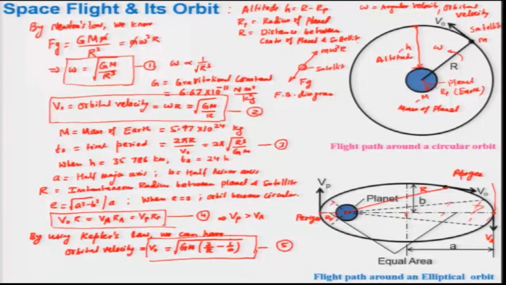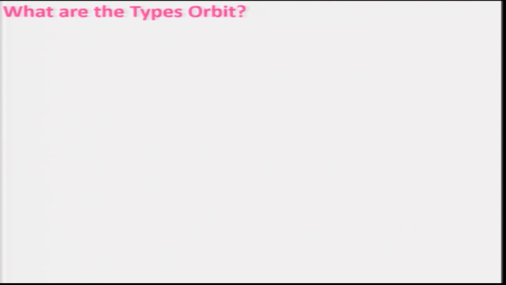So we will now basically be using two orbits: one is the circular orbit, the other is the elliptical orbit. A question might come to your mind: what types of orbit can we use? There are various types of orbits, but we will discuss a few of them, based on different criteria, a total of 4 types.